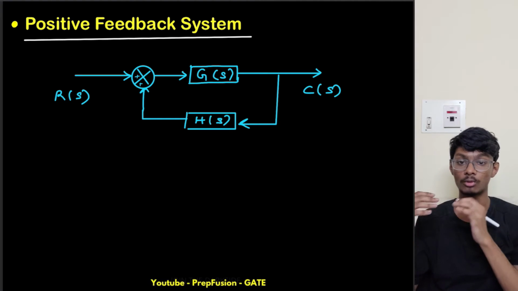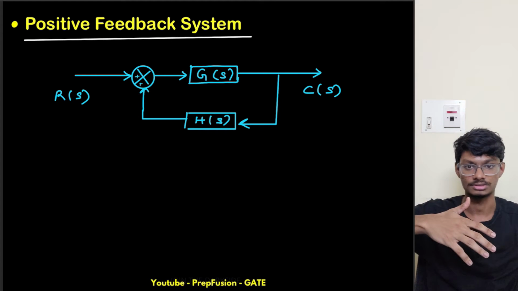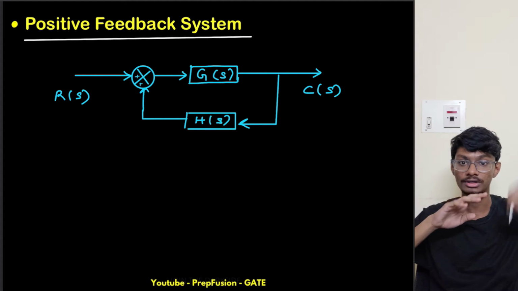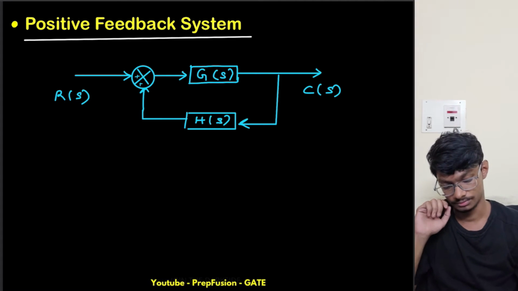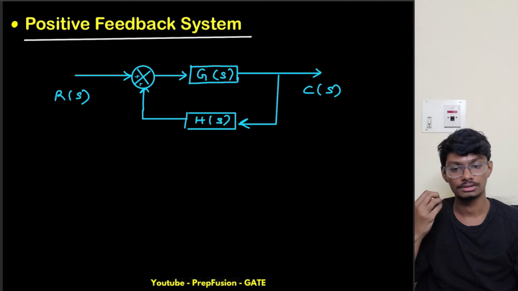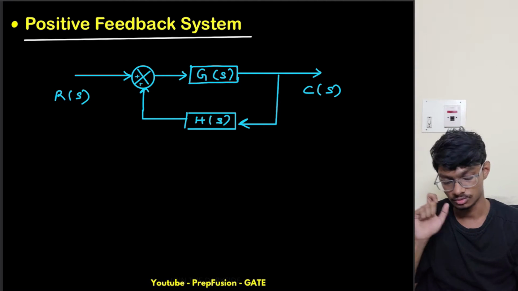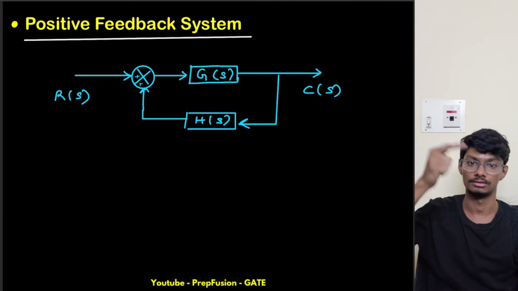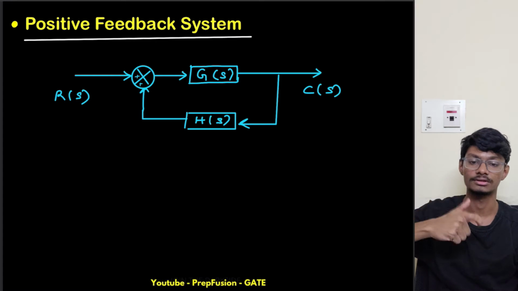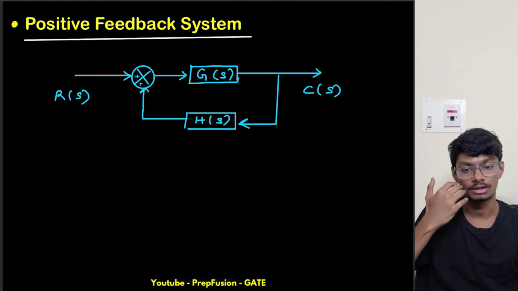And if the output tries to decrease, the system will help it decrease, so the output keeps decreasing more and more. In this case the output doesn't stabilize. If the output decreases slightly, the system will help it decrease, and if it increases slightly, the system will help it increase. This is basically what a positive feedback system does.